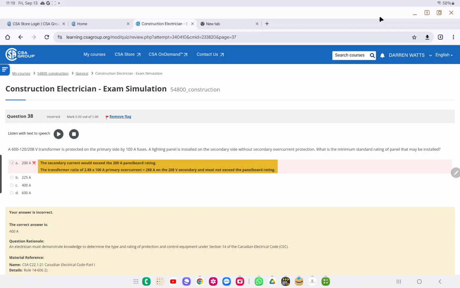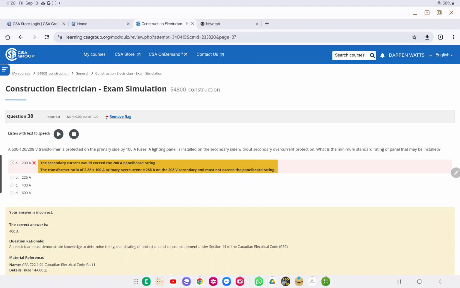Current has an inverse relationship to voltage when it comes to ratios. So in this ratio, we've got 600 volts on the primary to 208 volts on the secondary. If you do 600 volts divided by 208, you're going to get 2.88 to 1, where the 600 is 2.88 and the 208 is 1.